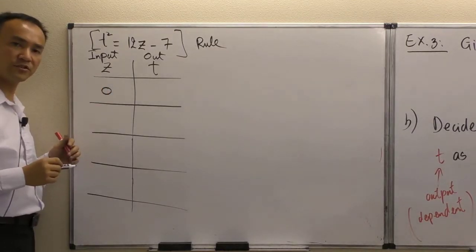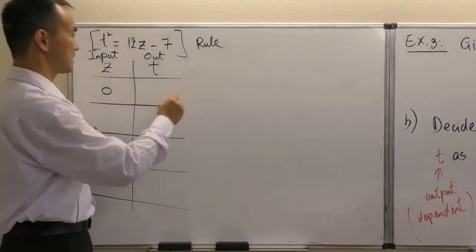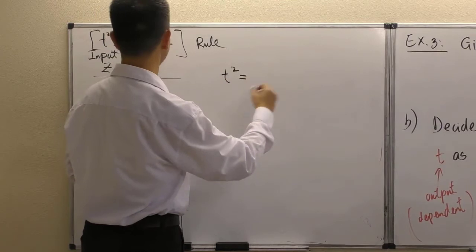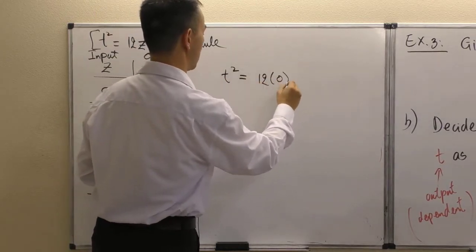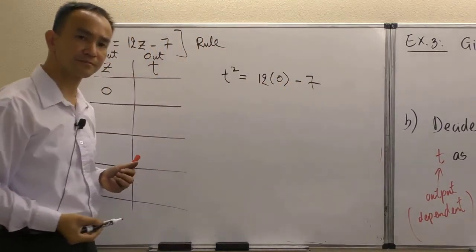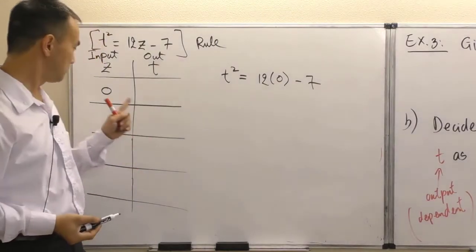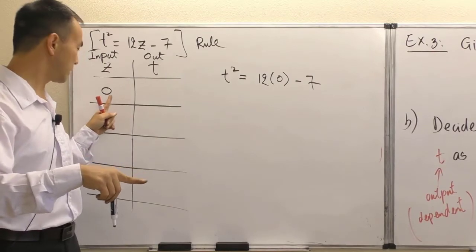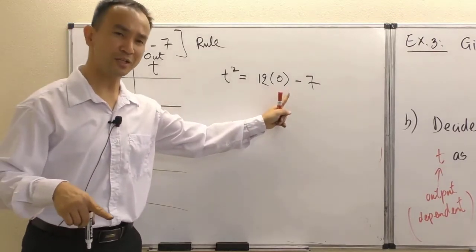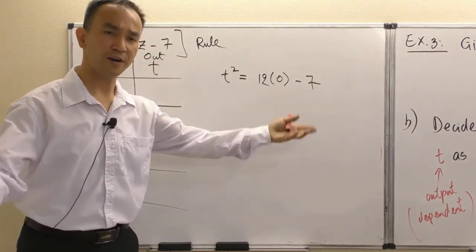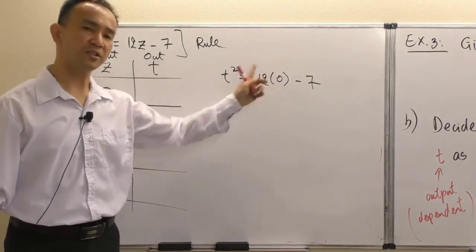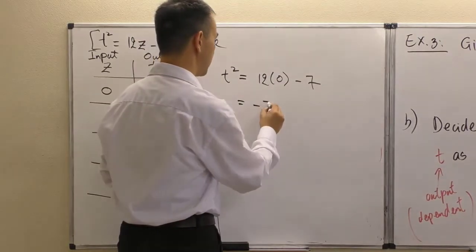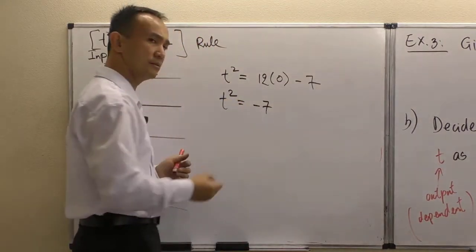Here we're looking at t squared equals 12 times 0 minus 7, because now z is the one that's given an input value. So we're going to substitute that into the equation, and we want to find out what value of t will satisfy this. So that's a 0 and that's a -7, so t squared equals -7.